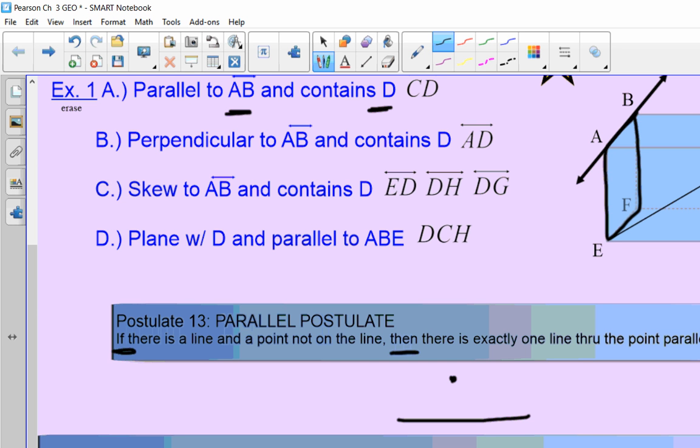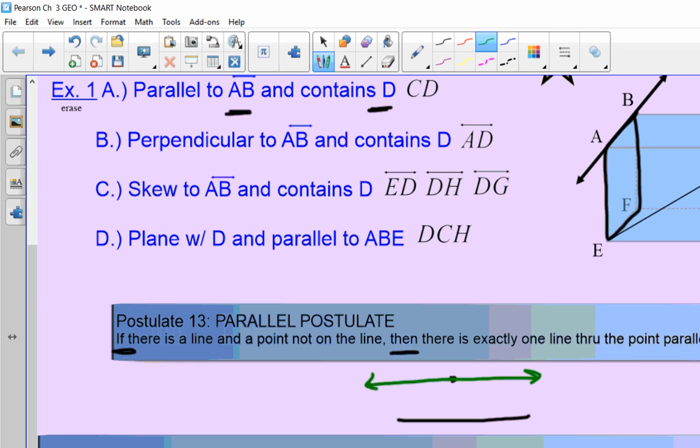Okay? Now, what this postulate says, and the postulate's like an addendum to a rule. I got this basic rule, but I can have these other little things that kind of hang on to it. It says through that one point, I can only draw one line that's going to be parallel to the one that they gave me.